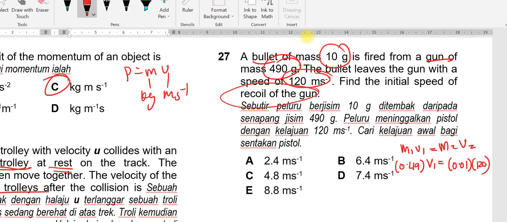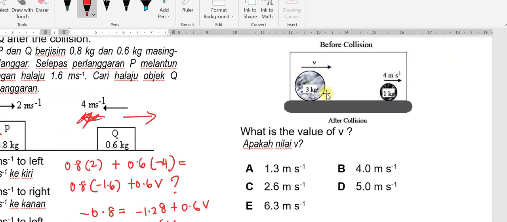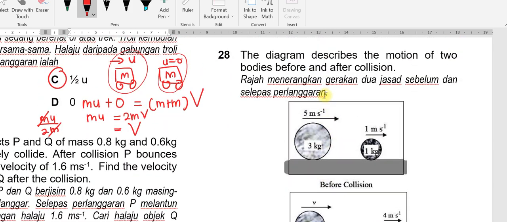Just solve this equation: 0.01 multiply 120 divided by 0.49. You should be getting 2.45. Round off to one place, so 2.4.